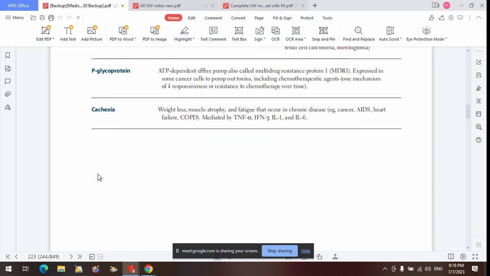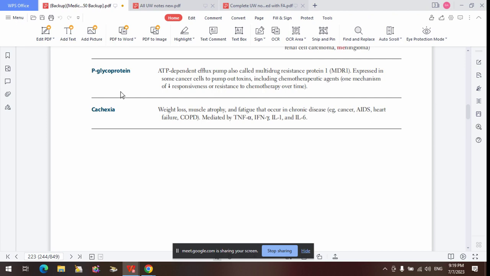There's something we call P glycoprotein. P glycoprotein is expressed by some tumor cells, and what they do with it is pump out toxins like chemotherapeutic agents. It's one of the ways by which tumors can be resistant to chemotherapy.